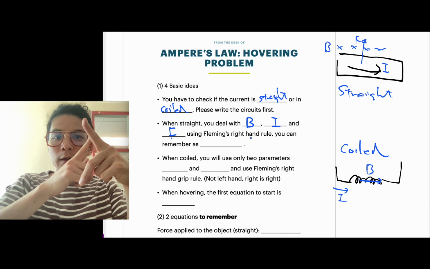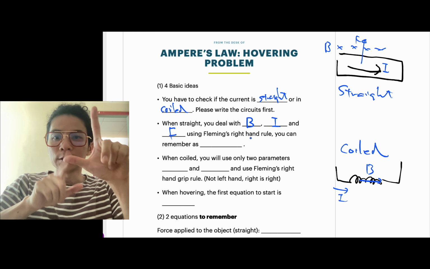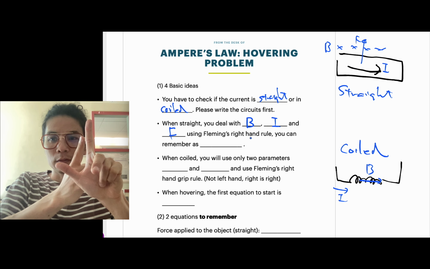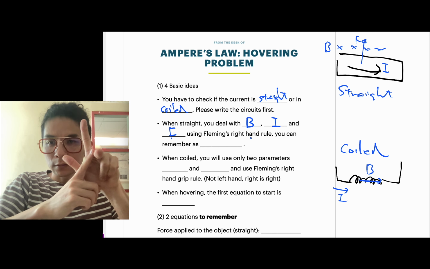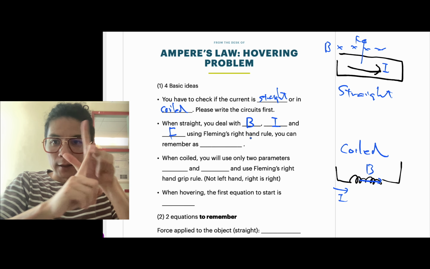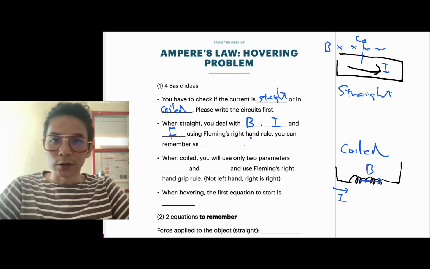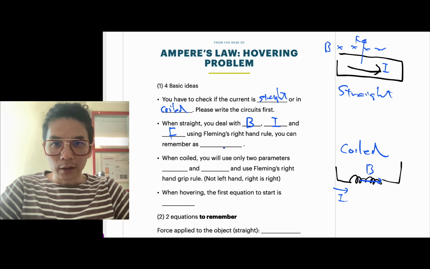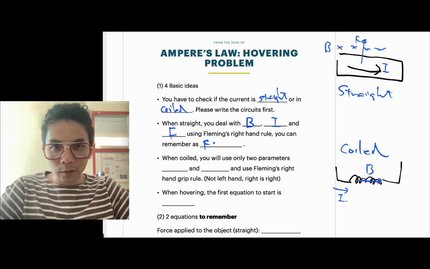So FBI. When current is going through this direction, and the magnetic force is directed this direction, the force is basically heading towards you. So this is how you want to use Fleming's right hand rule. People remember this as FBI, with middle finger F.